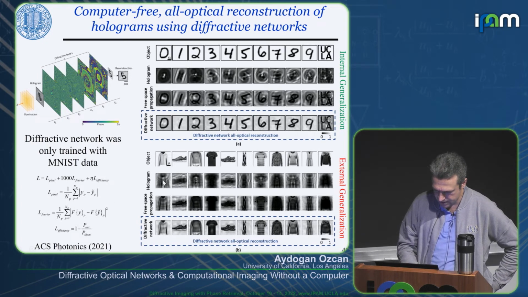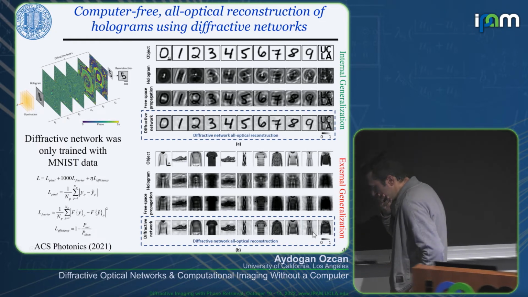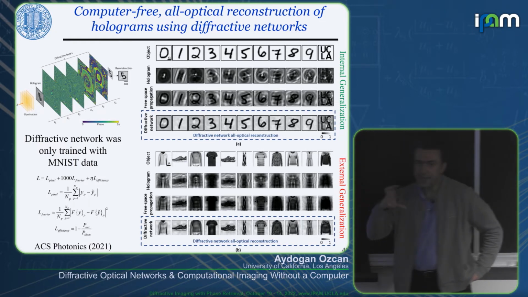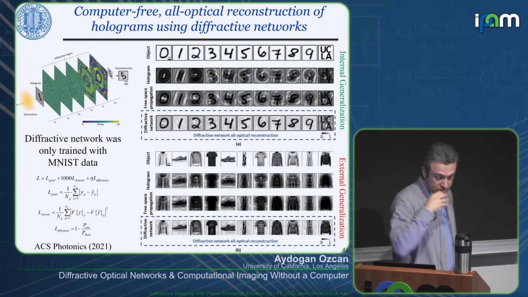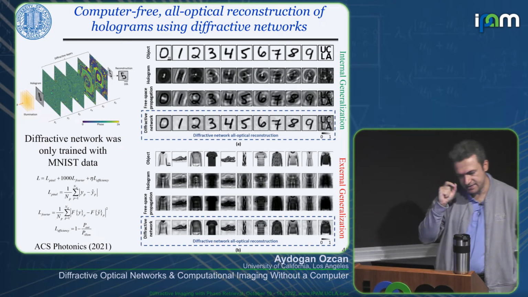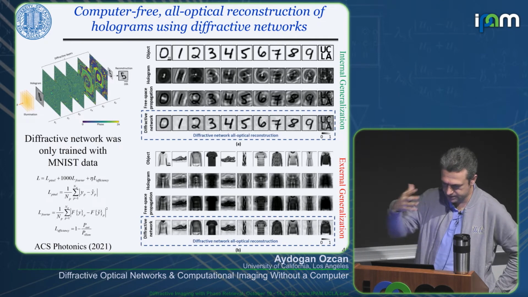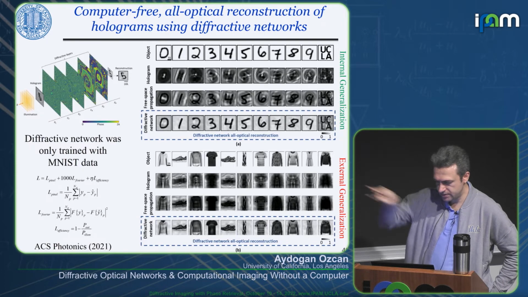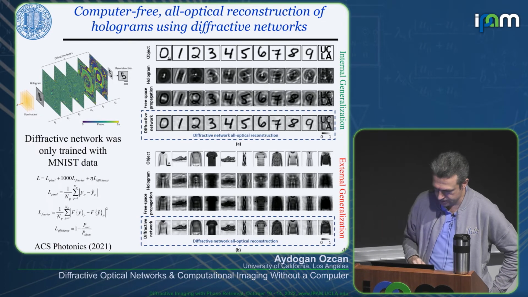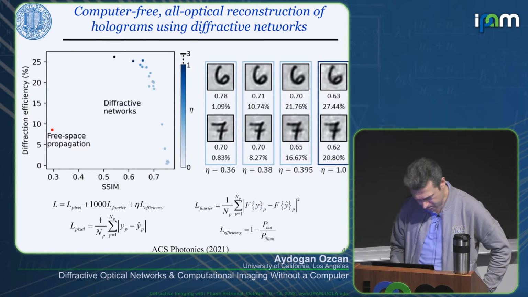For example, these are holograms that are projected onto the aperture of the diffractive layers, and this is the nice reconstruction, all-optically revealing. So think of it as a display where you can actually project holograms where the reconstruction in front of your eye can come from a passive system without any computing power, because this is just glass that can reconstruct those and couple the twin image to the sides and get the real image focused to the output aperture.